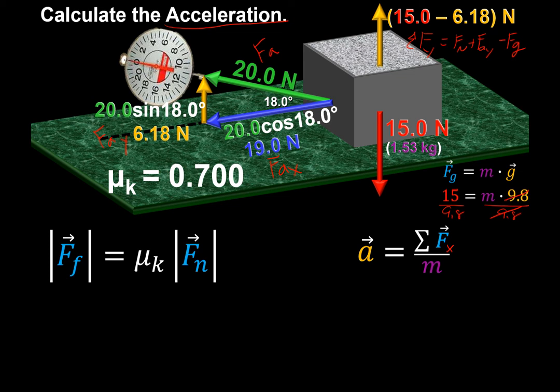Well, it's not moving in the y direction, so our net force is going to be 0. We're looking for our force of normal plus our force applied in the y, we figured out to be 6.18 minus our 15. We do a little bit of manipulating there, and you get that the answer is 8.82 newtons.